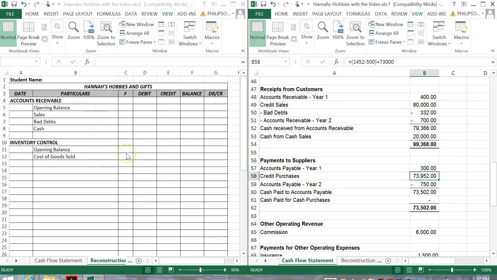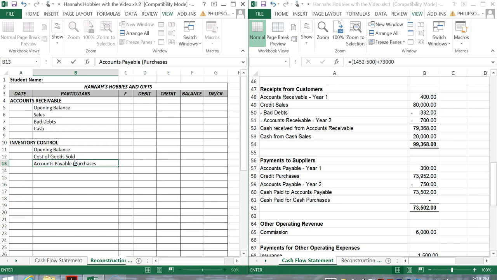So this here requires the same numbers as well. Opening balance, and then just the 3 lines for inventory.